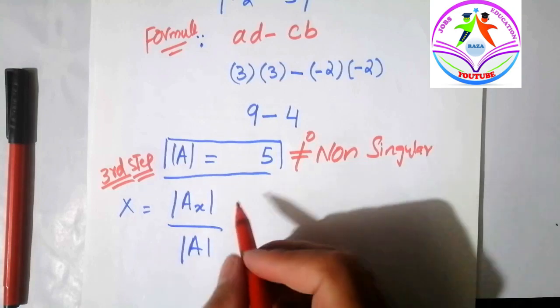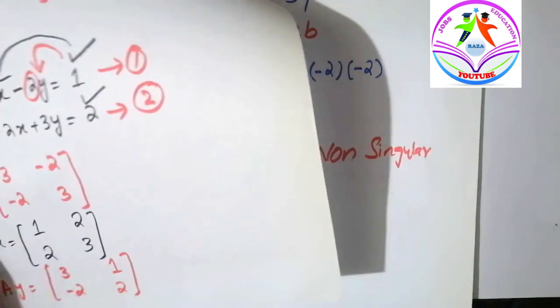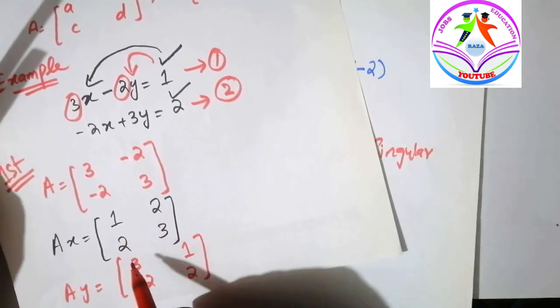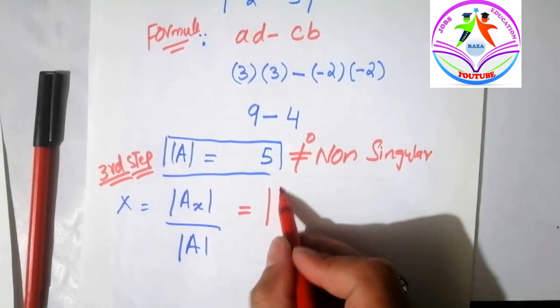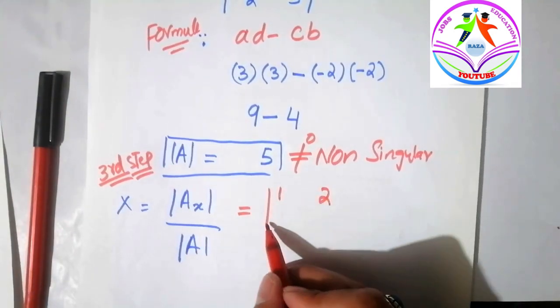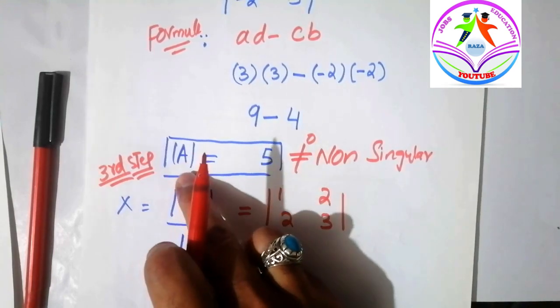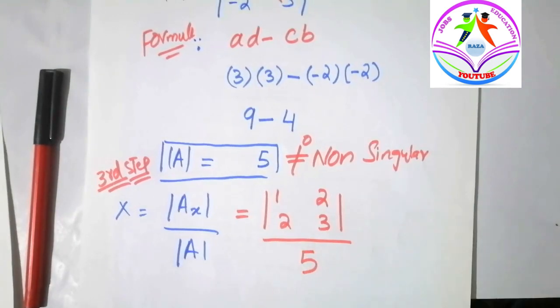Let me write it. We know our AX matrix that we already discussed before, 1, 2, 2 and 3, and we write here 1, 2, 2 and 3 over the determinant of A, that is 5.